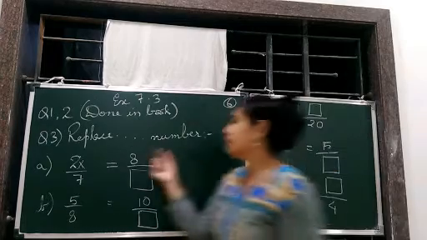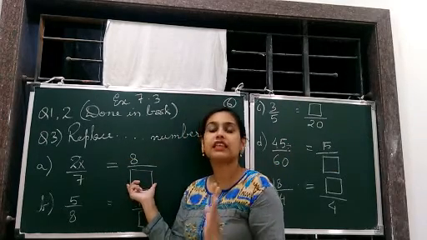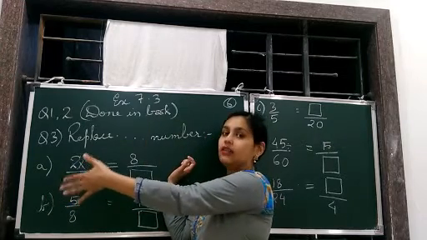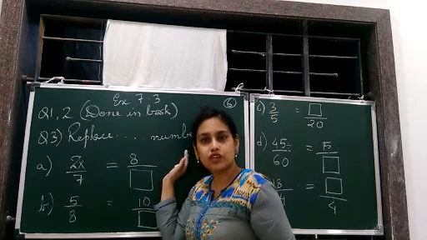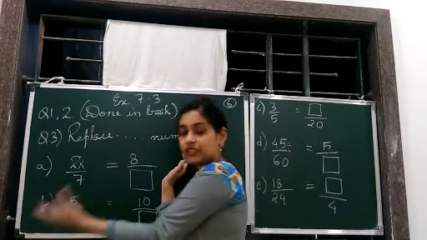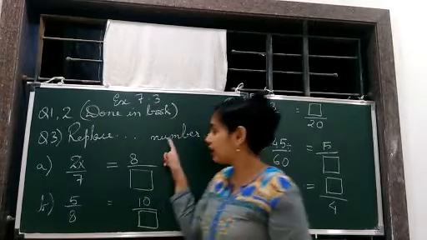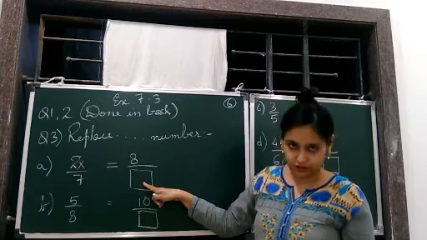Once again, we compare the numerator or the denominator, whatever is given on the right hand side, with the numerator or the denominator of the left hand side. राइट हैंड साइड वाले क्वेश्चन को लेफ्ट हैंड साइड वाले क्वेश्चन से कंपेयर करेंगे, ठीक है? कौन सा? जो दिया हुआ है. अगर न्यूमरेटर दिया हुआ है तो न्यूमरेटर कंपेयर करेंगे, अगर डिनोमिनेटर दिया है तो डिनोमिनेटर कंपेयर करेंगे.